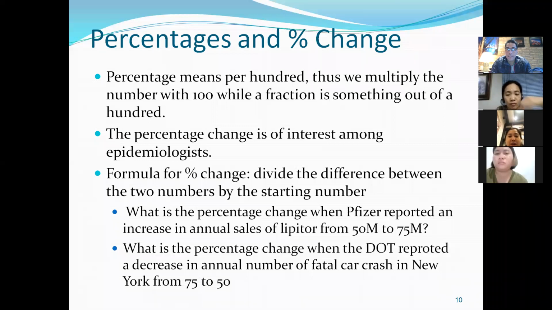That's 25. And then you divide that by the starting number. So 25 divided by 50. That is 0.5. Okay.